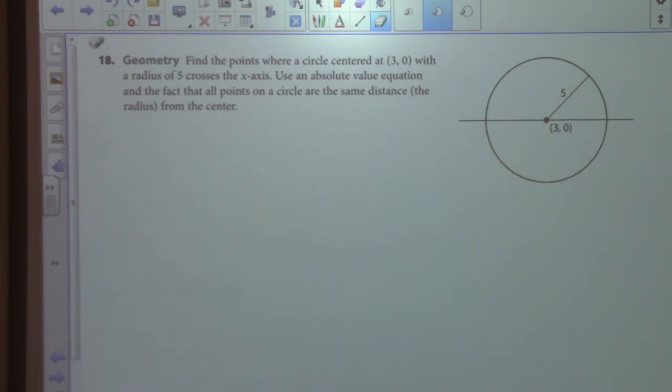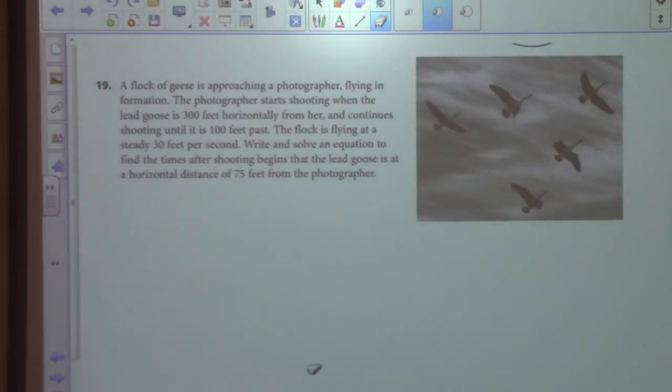Now we come to this one right here, the flock of geese one. And this one, I think, is a little bit more complicated than the others. So I want to show you. You got a flock of geese, and I don't know if you've ever seen the geese flying.